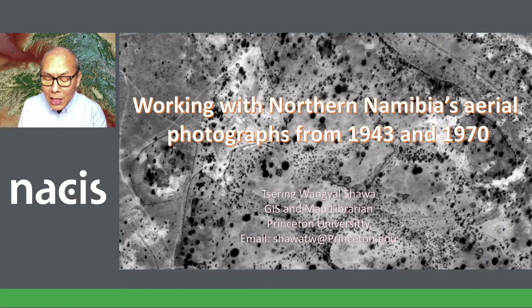The 1943 aerial photographs were taken in the Second World War, by pilots who were getting trained in South Africa to take aerial photographs so that they could use their skill in the war in Europe. The pilots took aerial photographs along the border of the area controlled by South Africa.